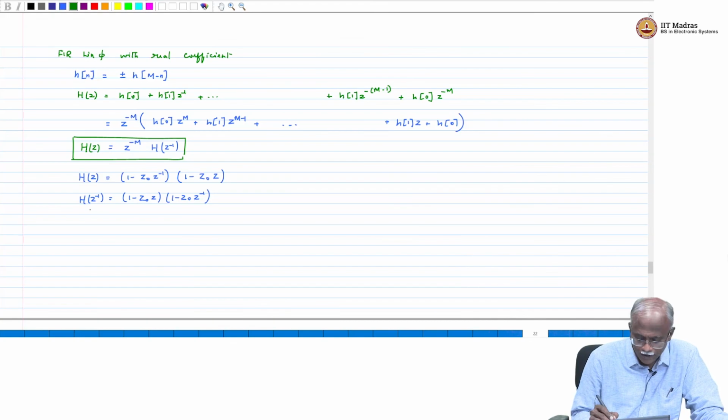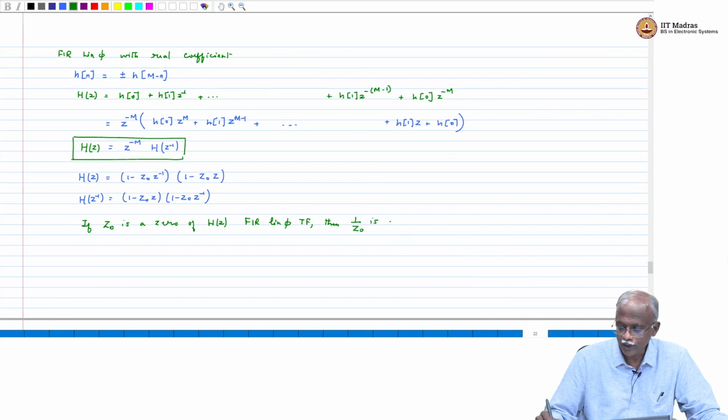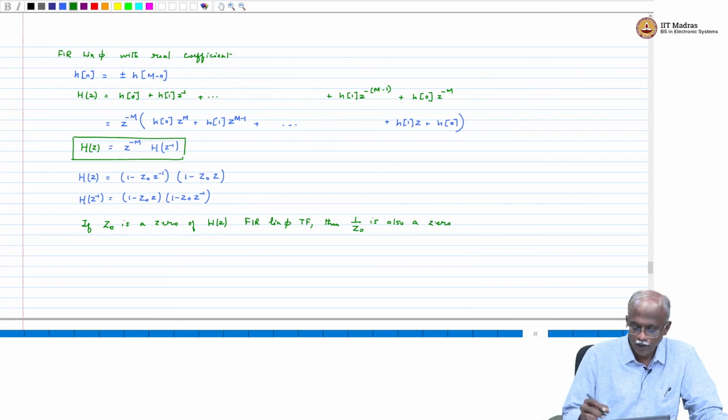So the statement is: if z naught is a zero of H of z, which is an FIR linear phase transfer function, then 1 by z naught is also a zero.